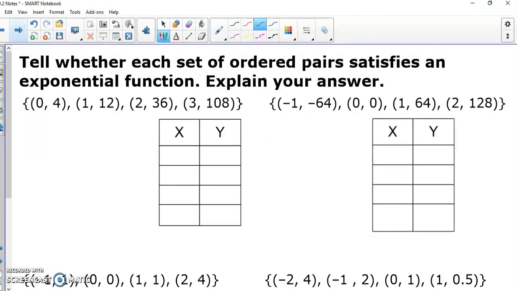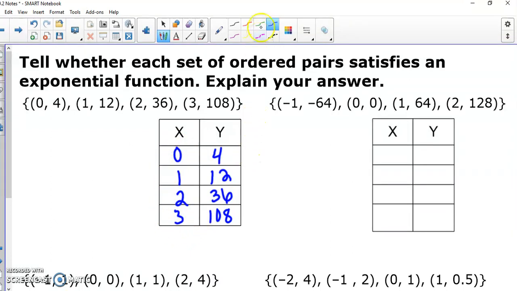So let's try this next one now. Here we need to be able to tell if we have an exponential function on our hands or not. Remember from the front page, it needs to be increasing using multiplication at a constant rate. So we're going to put all of these points into our table here: 0, 4; 1, 12; 2, 36; and 3, 108. Now our x values are increasing by 1 each time, so that's good.